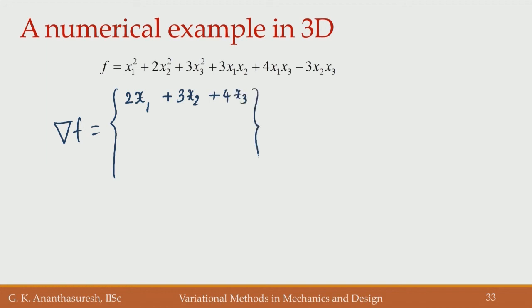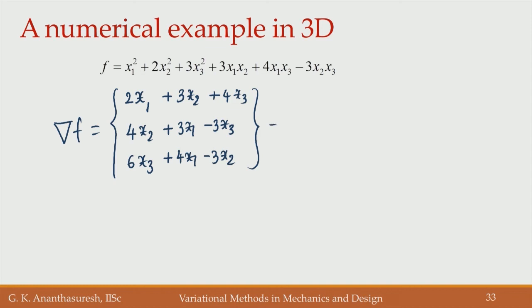That is dou f by dou x1. Let us do dou f by dou x2, that is 4x2 plus 3x1 minus 3x3. Now, derivative of f with respect to x3 will give 6x3 plus 4x1 minus 3x2, right.